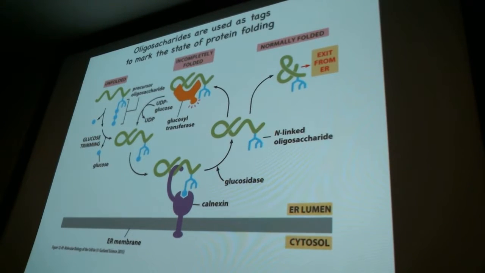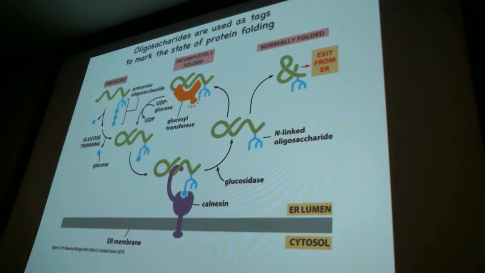And by being captured by calnexin, this really allows the protein to start folding. The calnexin is a chaperone that helps the protein to start assuming its right conformation. And what's fascinating is that there is a system to really check if this works, and the critical component here is the glucosyltransferase.